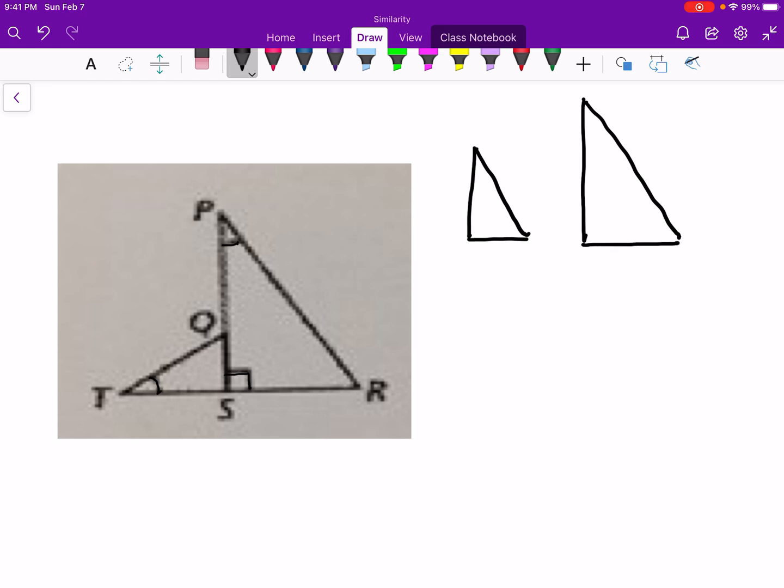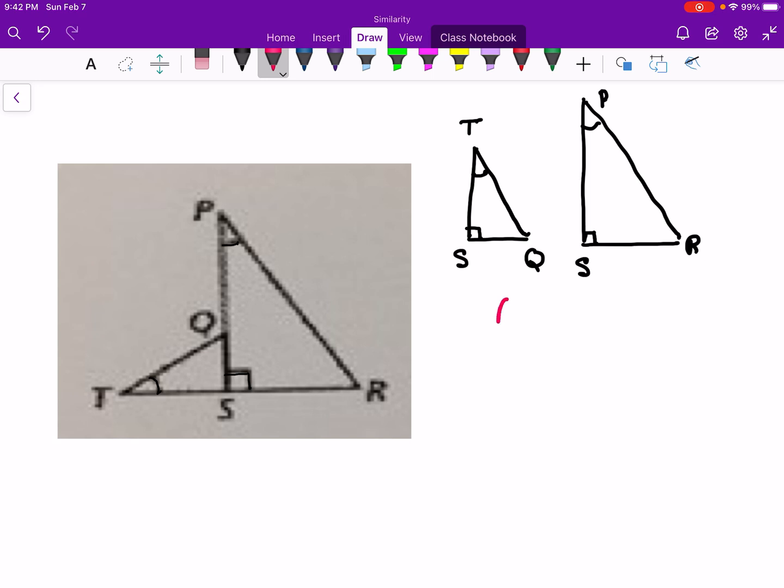Could be worse. All right, small triangle. T is at the top. Q is over here, and where S is, they have one right angle mark. That means the other one is also a right angle. And then on the large triangle, S is a right angle, R and P is at the top. There we go. All right, so angle T and angle P are congruent. Where the S's are, those are congruent. So we have 2 pairs of congruent angles.